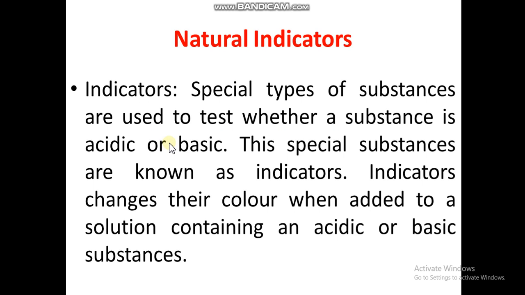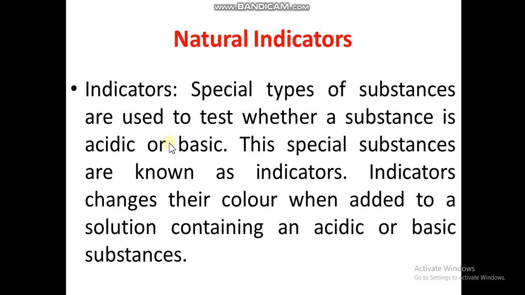You check it with the help of special substances, and these special substances are known as indicators. You cannot use everything, so some special substances tell us whether a substance is acidic or basic. That special substance is known as an indicator.